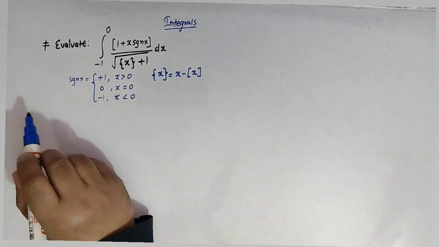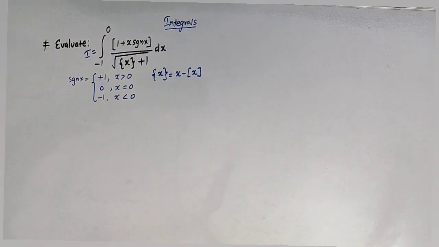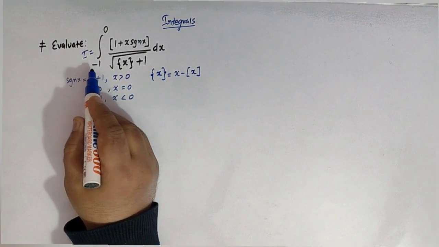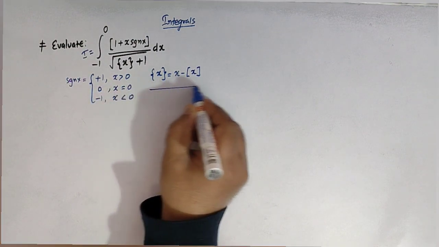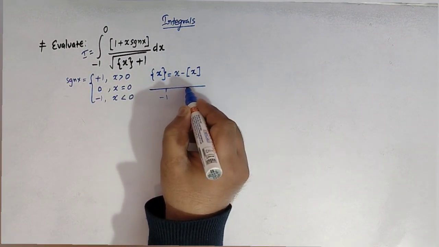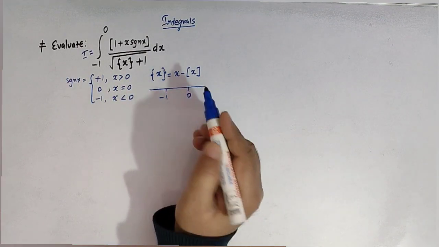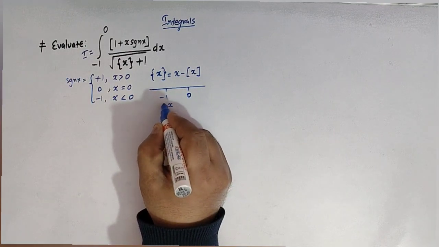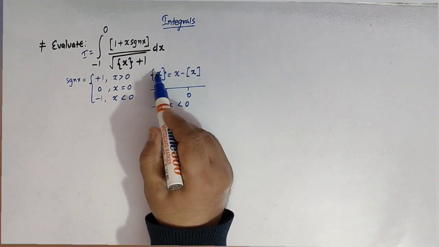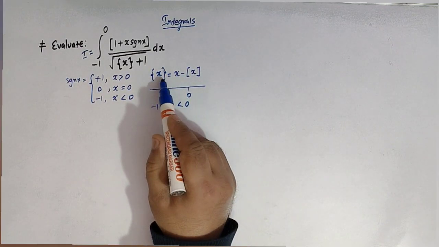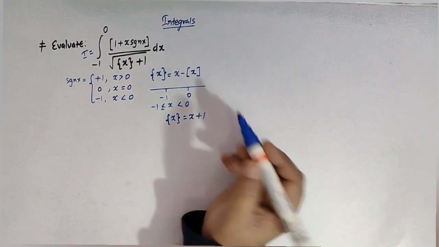Now let us first take this integral as I. The limits of integration are from -1 to 0, so x varies from -1 to 0, which implies that x lies between -1 and 0. Then the fractional part of x will take the value x plus 1. Why?